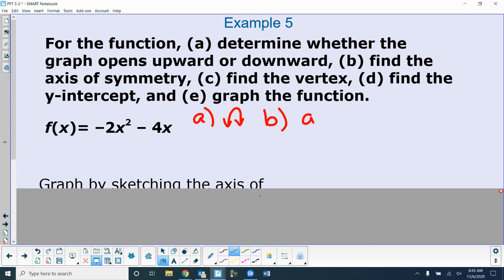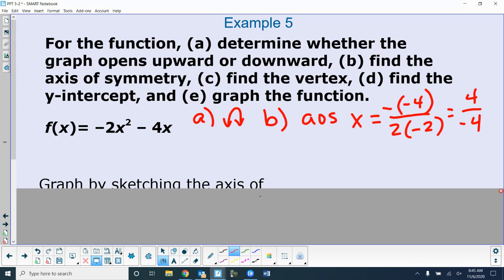All right, so it's X equals negative B over 2A. B's -4, right? So that's 4 over -4, right? So that's X equals -1.